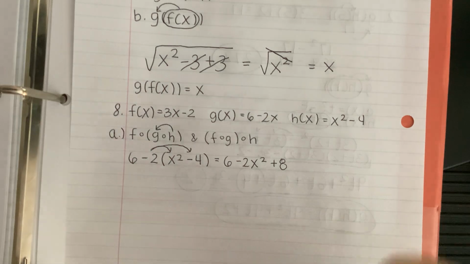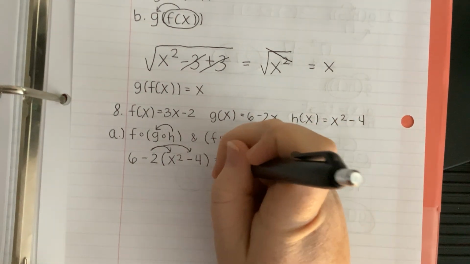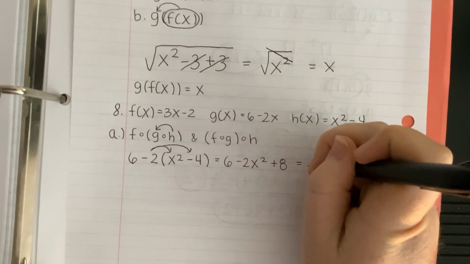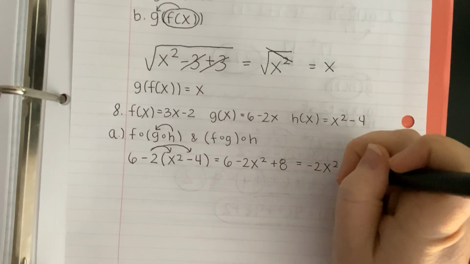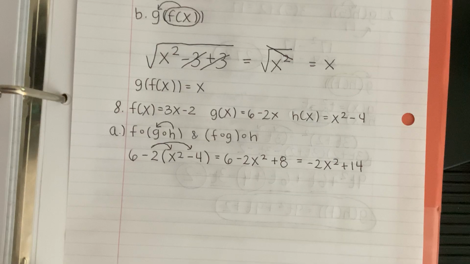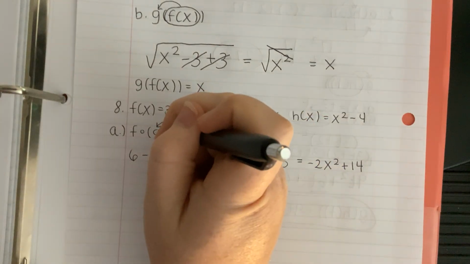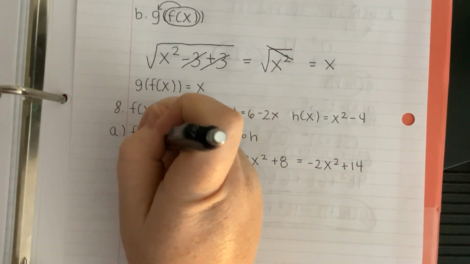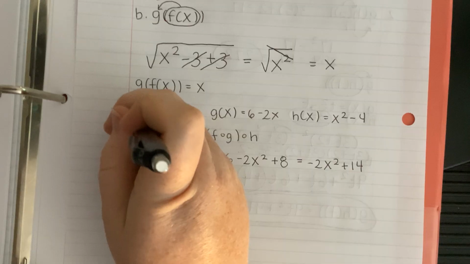And then we're going to simplify from there. Positive 6, positive 8, so we're going to do negative 2x squared plus 14. Now it wants you to take that whole thing and plug it into f.